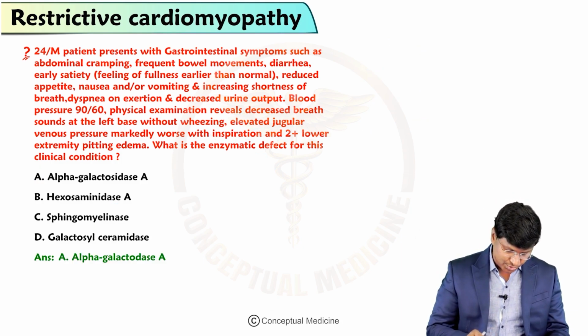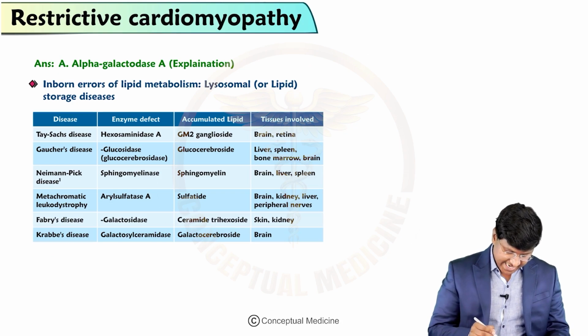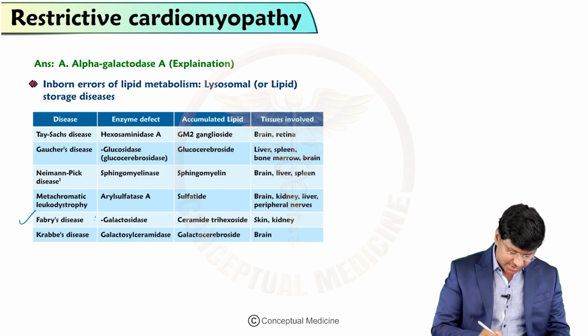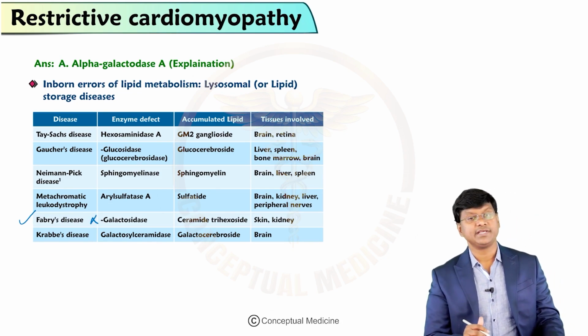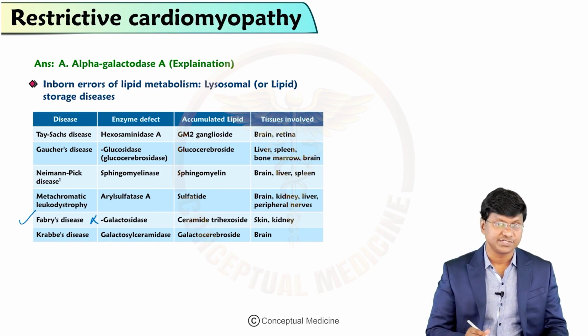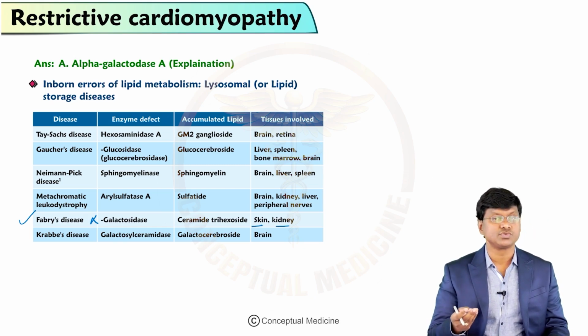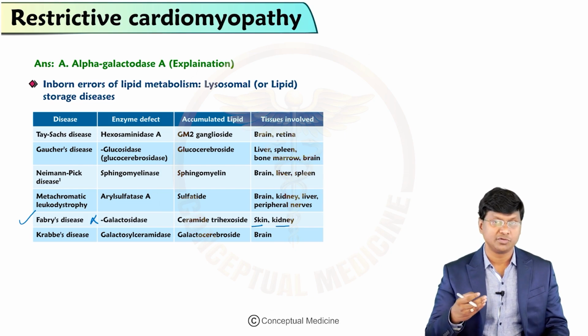So let me just show you this particular table, and our particular disorder in the clinical scenario is Fabry's disease, right, where there is alpha galactosidase A deficiency, where there is involvement of skin, kidney, GIT, brain, and also involvement of the heart.